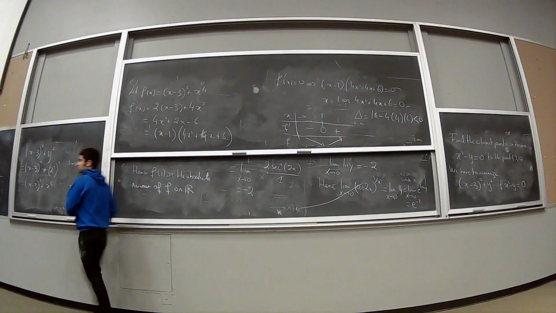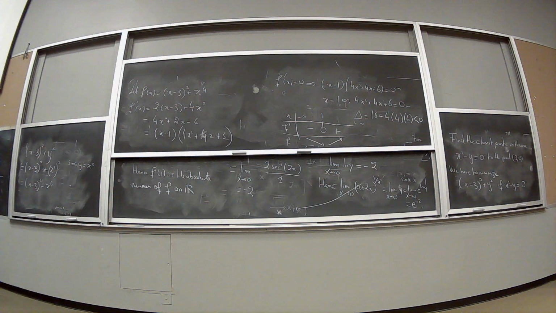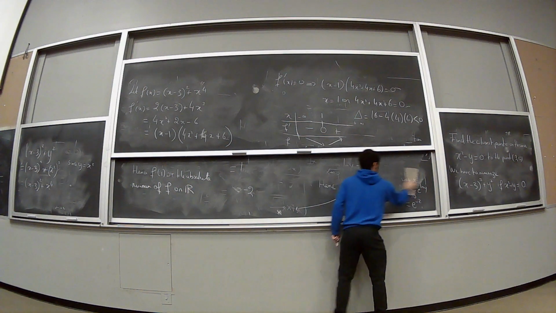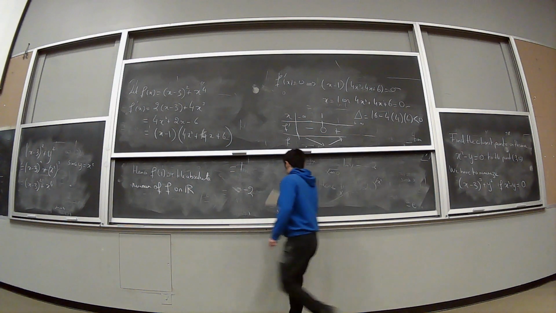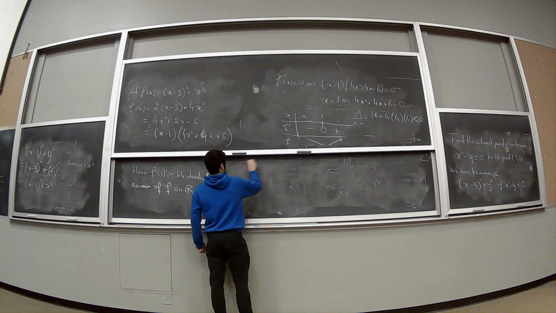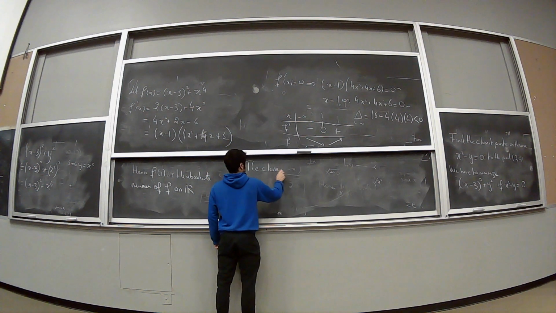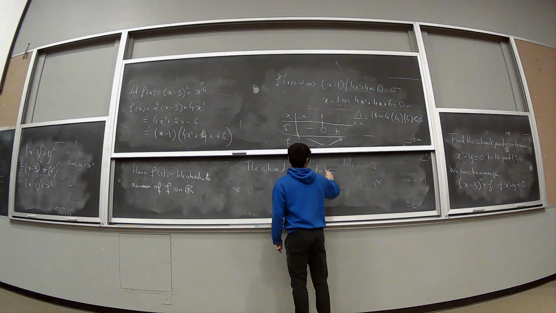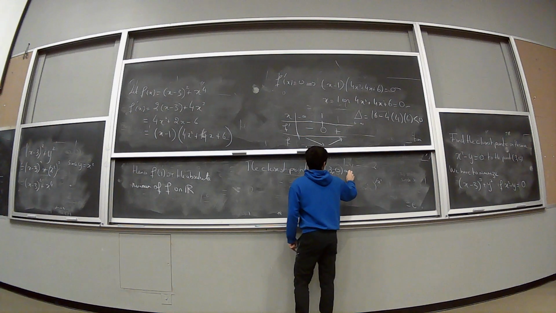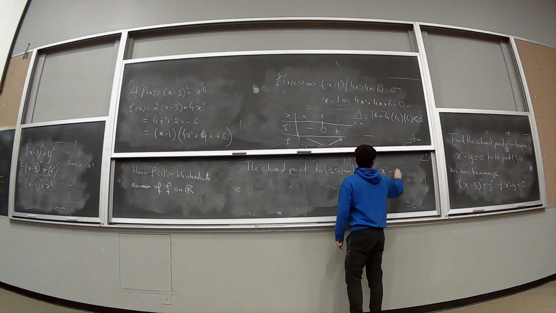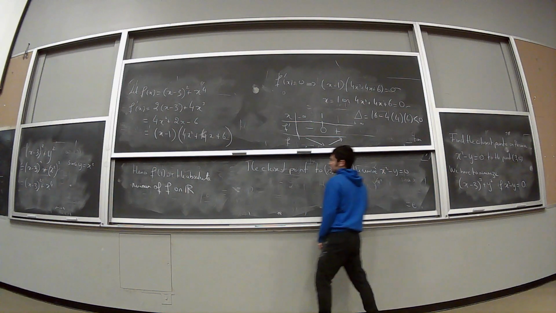F of 1 is 1 minus 3 squared plus 1. And hence, what is the closest point to 3, 0 on the curve x squared minus y equals 0?